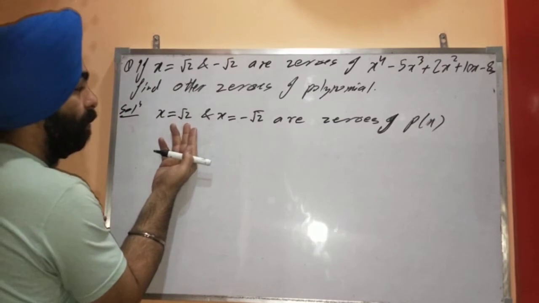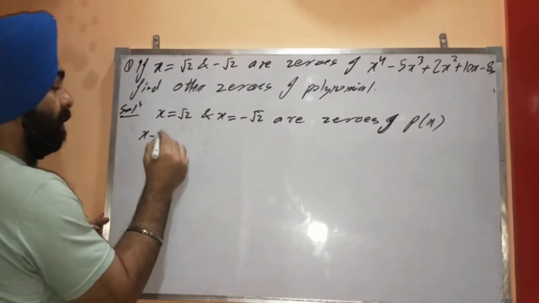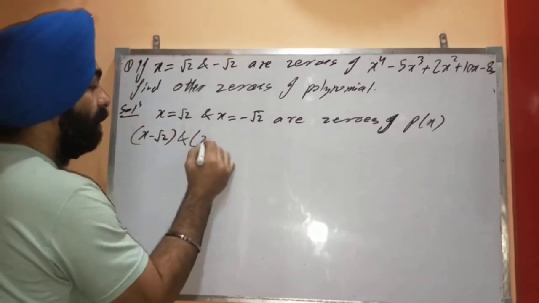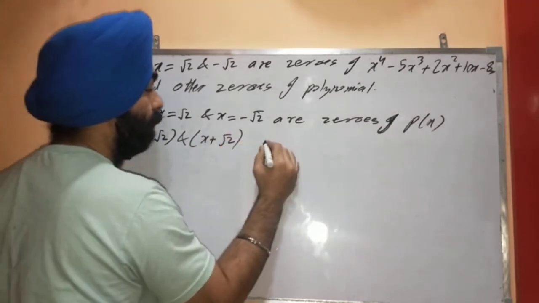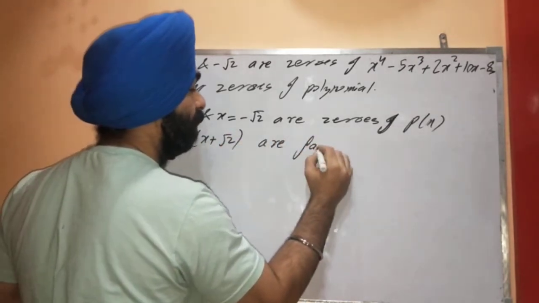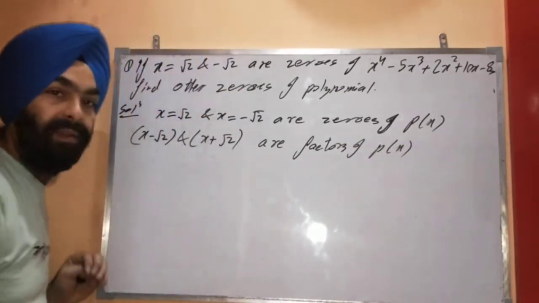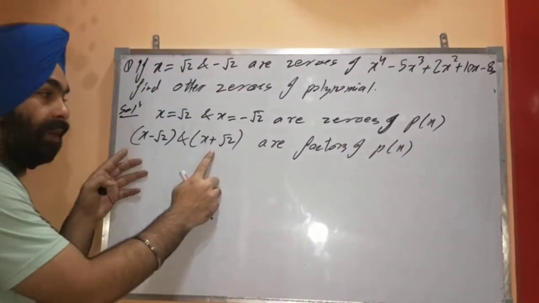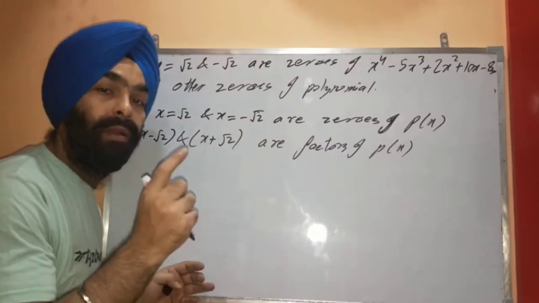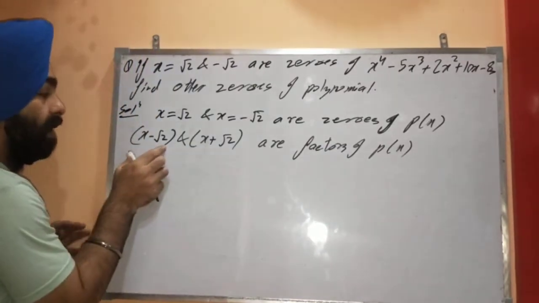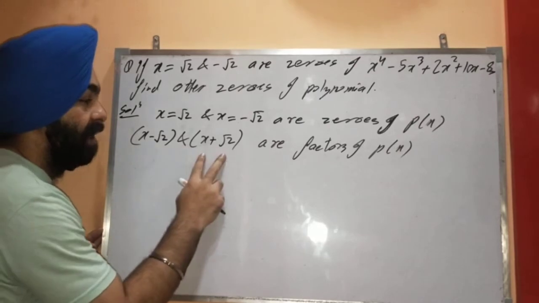So on taking root 2 to this side, it will become x minus root 2 and x plus root 2 are factors of P(x). Now these are two factors. I am going to multiply these two factors to get a bigger factor. So how to multiply? This is a minus b, a plus b.